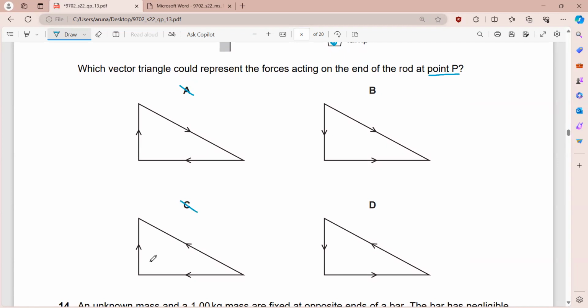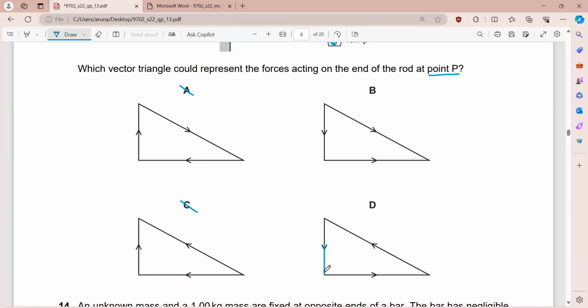So these two are already cancelled out, because the only vertical force is weight, which must act downwards, and the vertical force in those is acting upwards. So now when it comes to these two, we can use the idea of it going in a circle, a circle basically meaning all forces are joined head to tail.